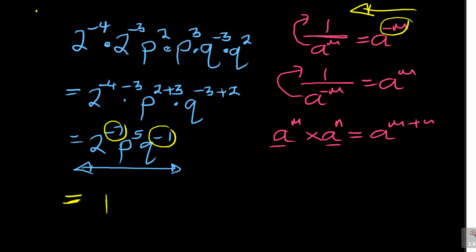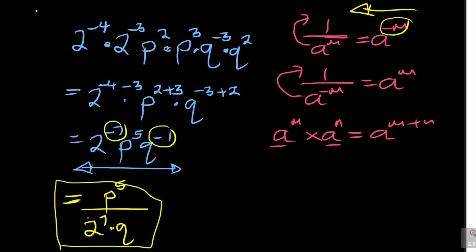So here you'll have p to the 5 on top, and then over 2 to the 7 times q. All the negatives are going down. Then only the p that is positive remains on top. So if they did up to here, you might think you're getting a different answer, but your answer here is still 100% correct.